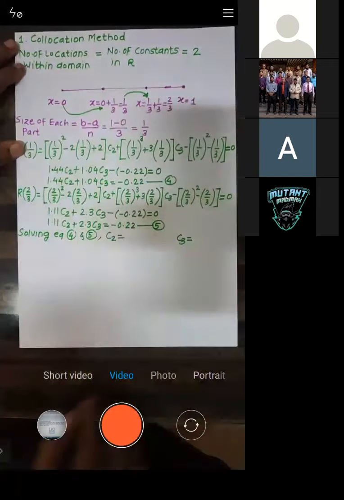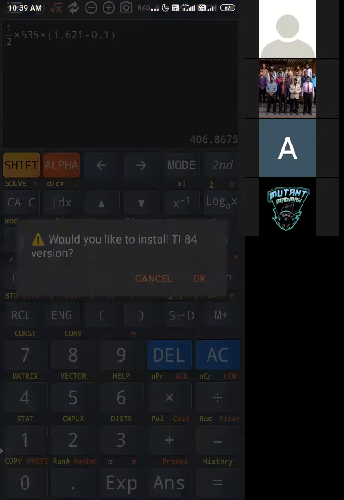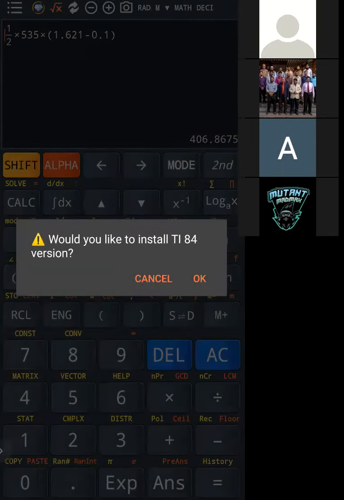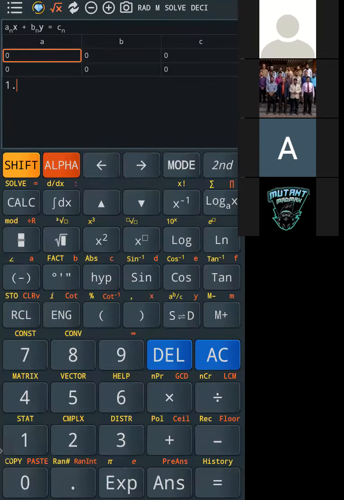How are we going to do that? Simply go to the calculator and choose to solve the system of equations. I'll put 1.44 and 1.04, on the right hand side minus 0.22, and at the bottom 1.11, 2.3, and 0.22.